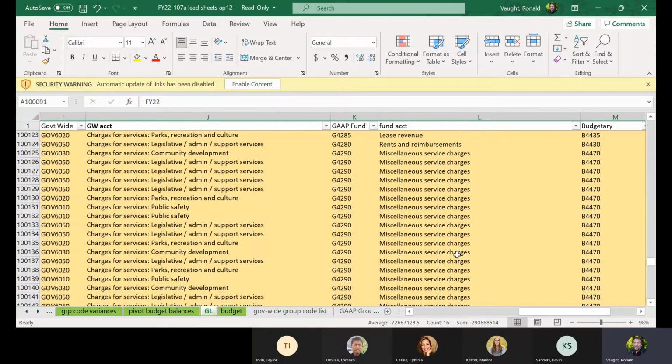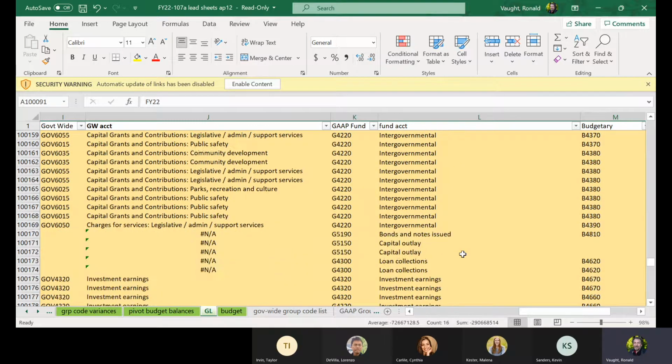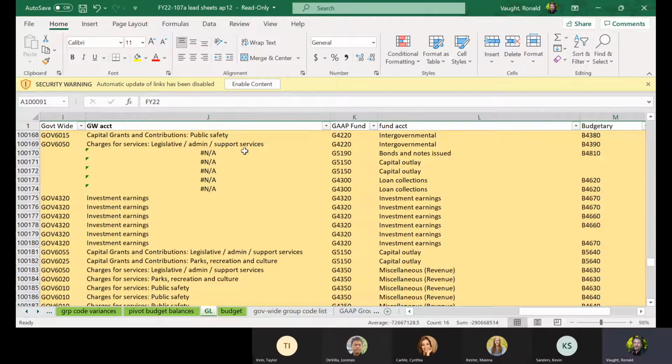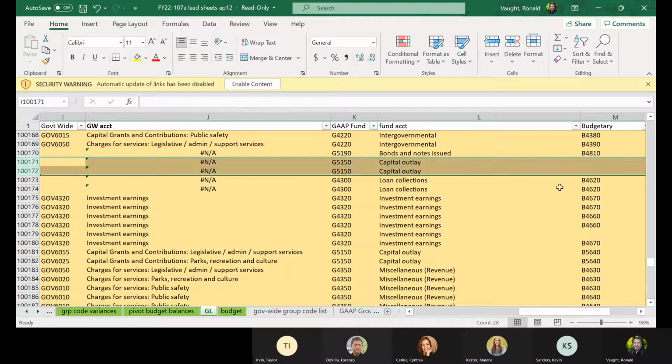So I just went down through here looking for anything where they aren't equal.